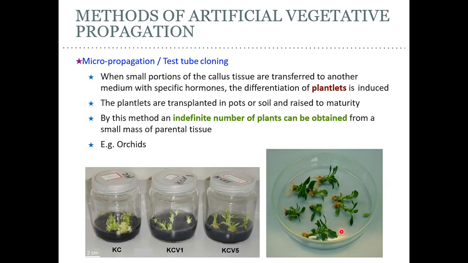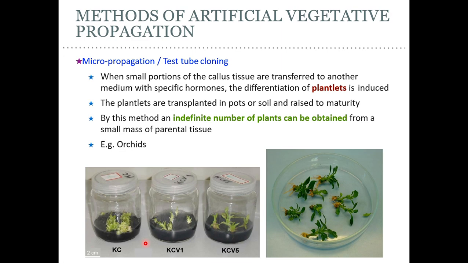And then the callus is transferred into another medium with specific hormones. When supplied with the hormones, the differentiation of plantlets is induced. This is when the callus tissue is transferred into the next medium, which is supplemented with growth hormones.